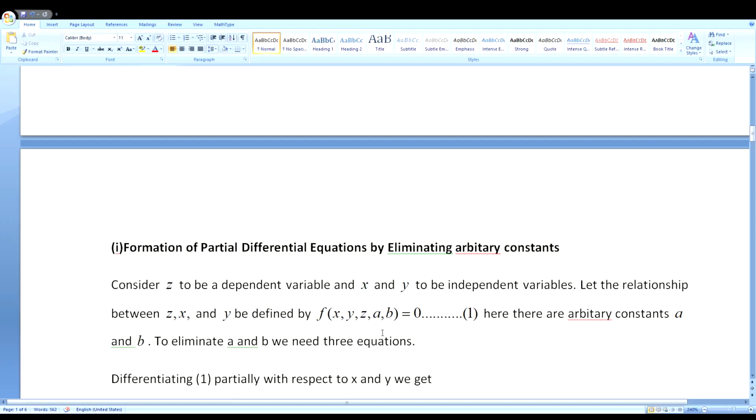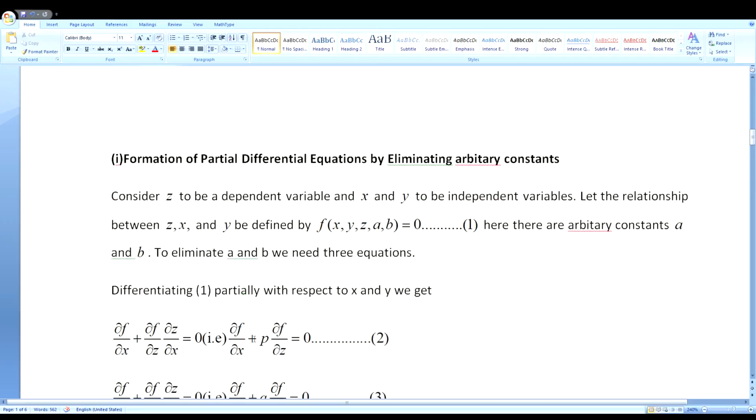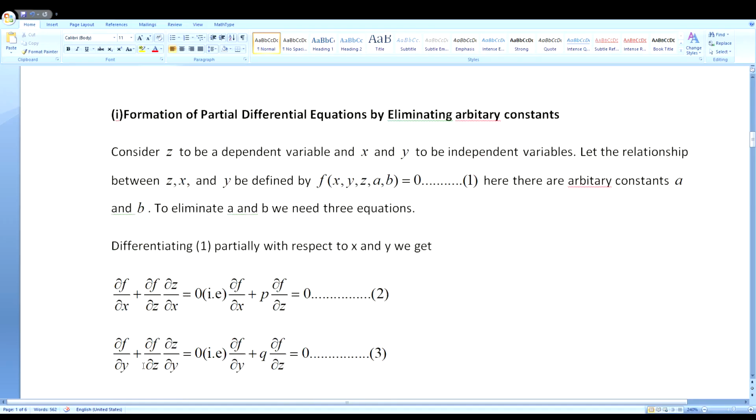To eliminate these arbitrary constants a and b, we differentiate 1 with respect to x and y. Differentiating with respect to x, ∂f/∂x plus ∂f/∂z times ∂z/∂x equal to 0. That is ∂f/∂x plus p times ∂f/∂z is 0. And similarly, ∂f/∂y plus ∂f/∂z times ∂z/∂y equal to 0.